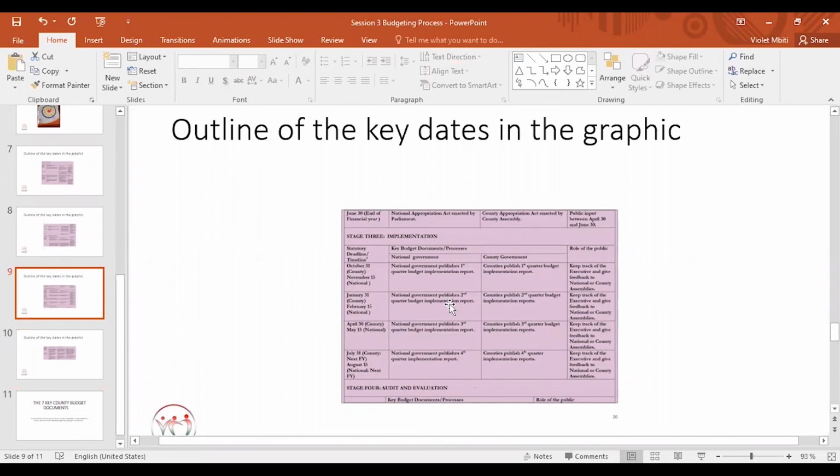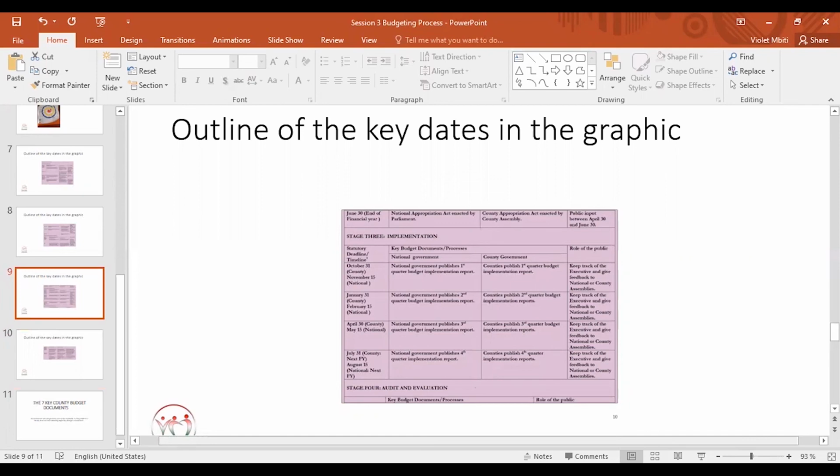But if they are not there for the county, if you visit the website of the Controller of Budget, you will find that they have given the reports of each county government, the 47 county governments.